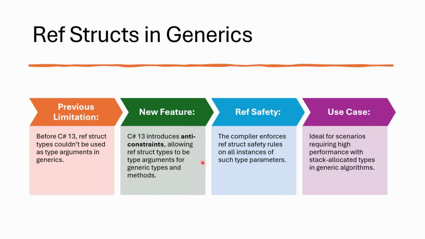Importantly, the compiler enforces all the rules on all instances of such type parameters. The ideal use case for this concept is requiring high performance with stack allocated types in generic algorithms. This is a suitable one. Let's move on to Visual Studio.